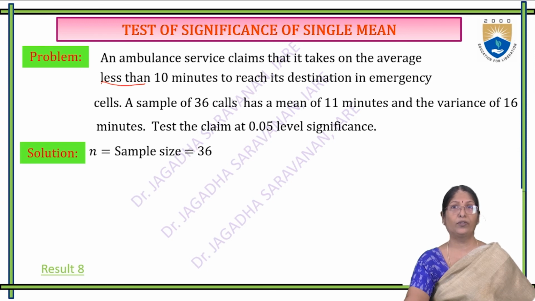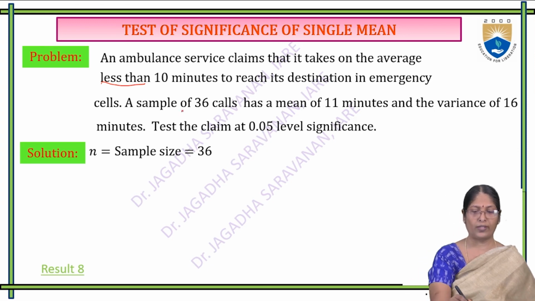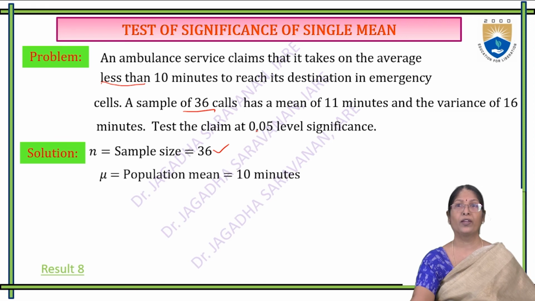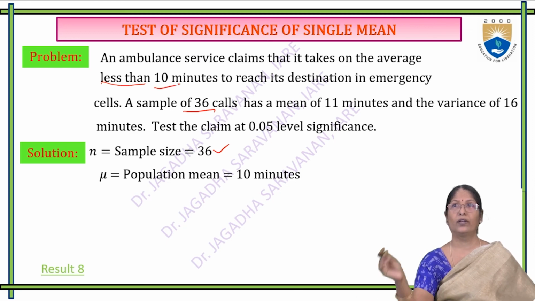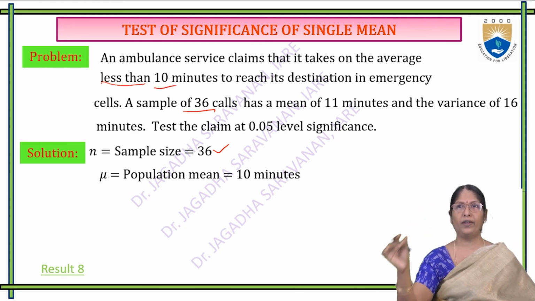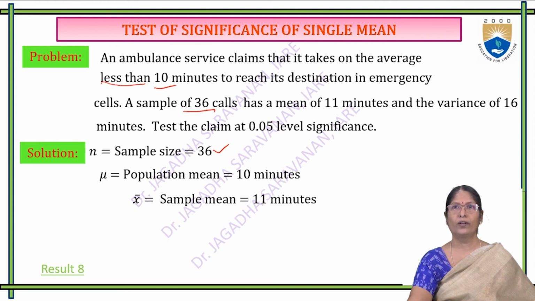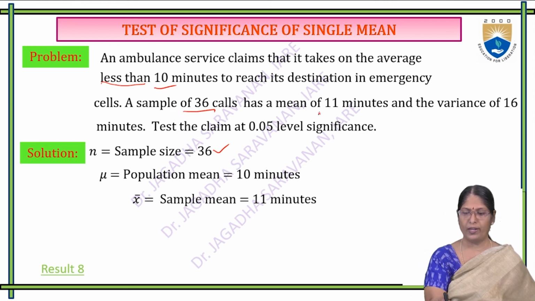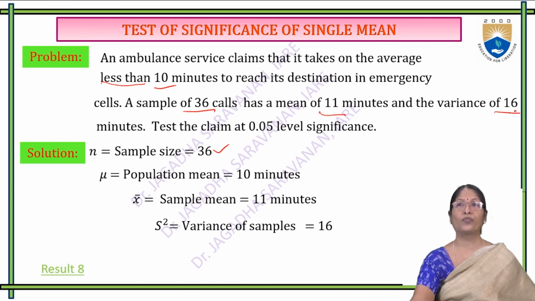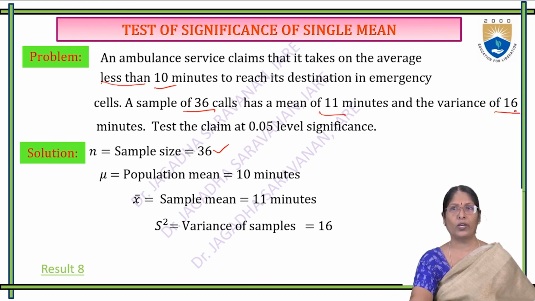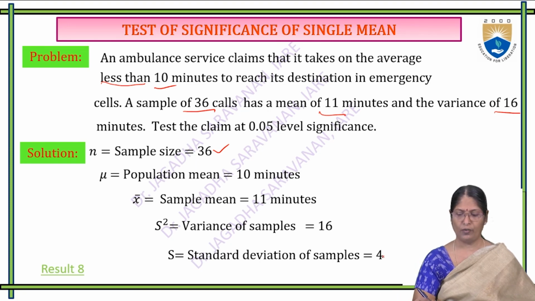Now n equal to 36 because the sample is 36. Next, the population mean: the average for the ambulance service is 10. The sample mean is 11. And the variance of the sample, S square, is 16, so S, the standard deviation of the sample, is 4.